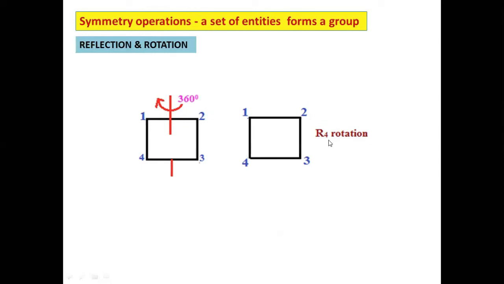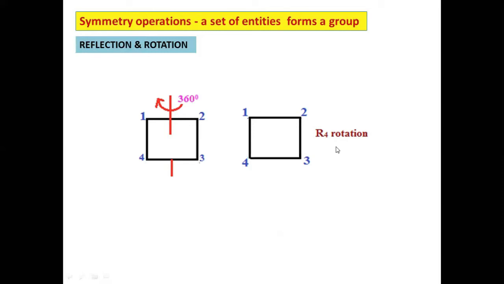Finally, a complete rotation, that is 360 degrees, again results in an identical configuration. So that also can be counted as one of the symmetry operations. So totally four rotational operations we have just observed, and further we have a few more operations also.